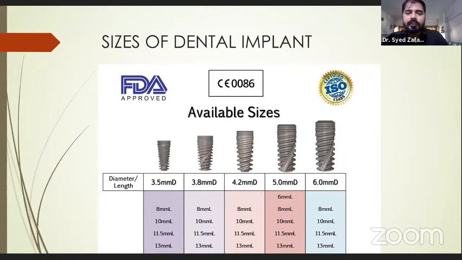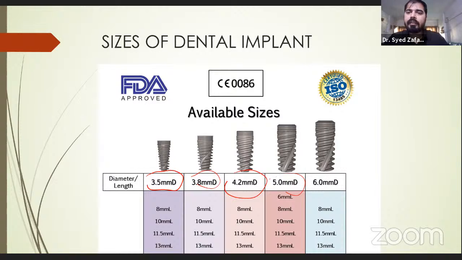Mostly this kind of sizes are approved, 3.5. Obviously, we have seen the implants come in 3.5, 3.8, 4.2, 5, 6, and there are different diameters and lengths. Mostly you can see 6 mm only in 5 mm or more.